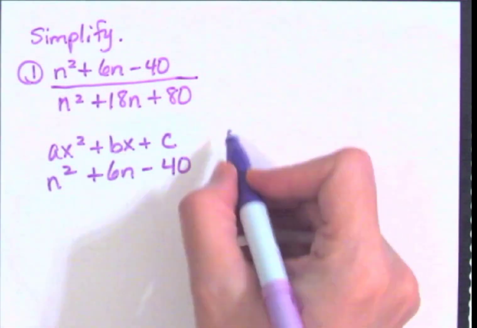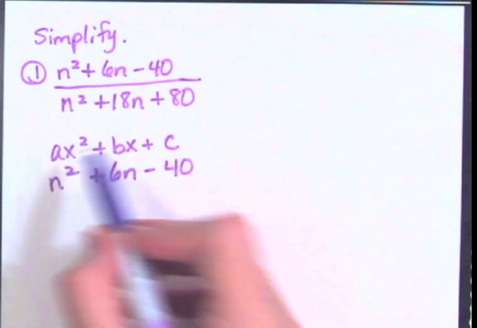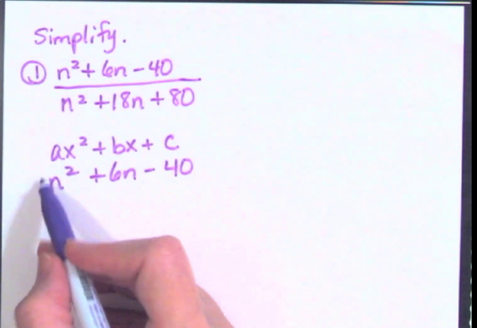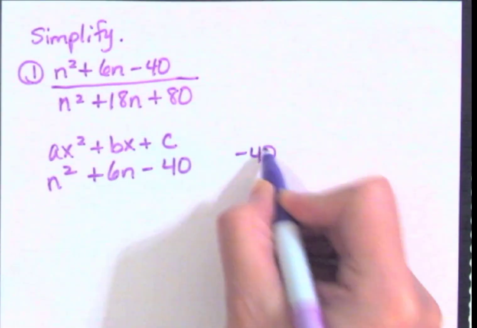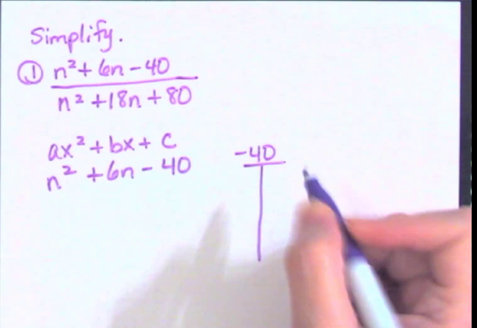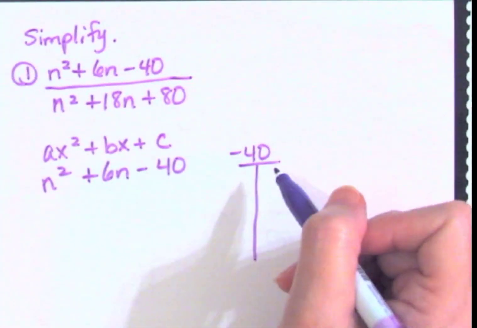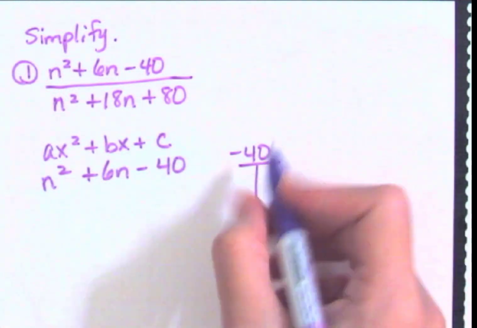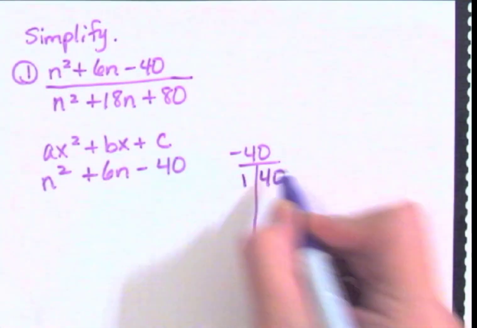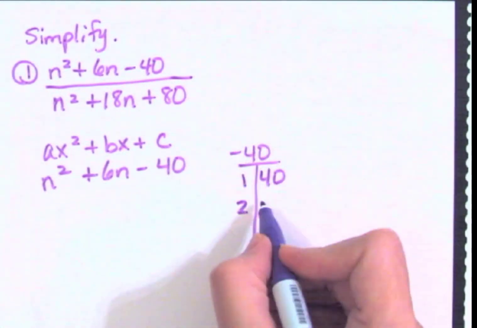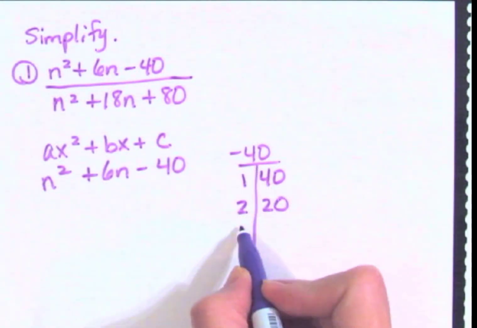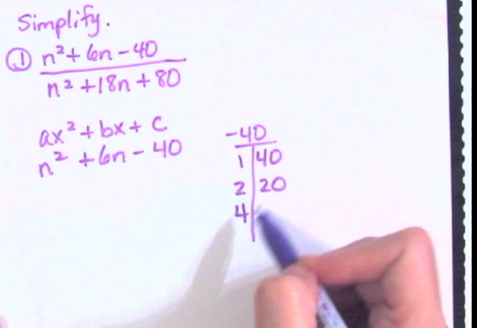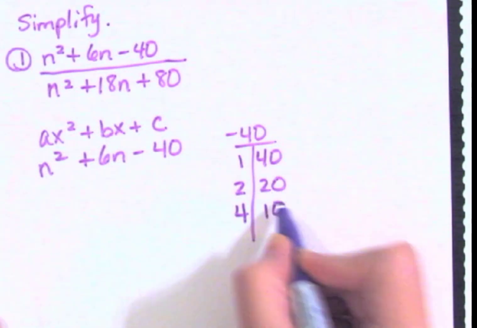For the t method, you're going to multiply a times c. Well, in this case, my a is just 1, so that's 1 times negative 40. And I want all of the numbers that go into 40. So that would be 1 and 40, 2, 40 divided by 2 is 20, 3 does not divide evenly, so I go up to 4. 40 divided by 4 is 10.